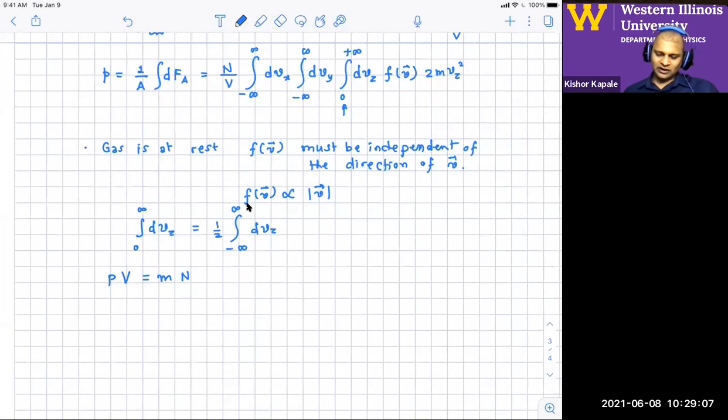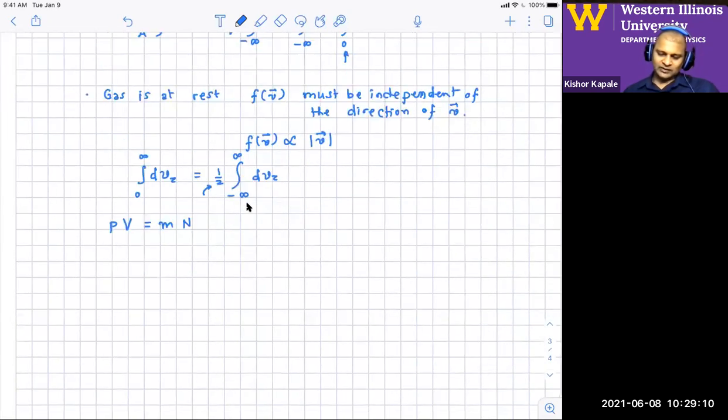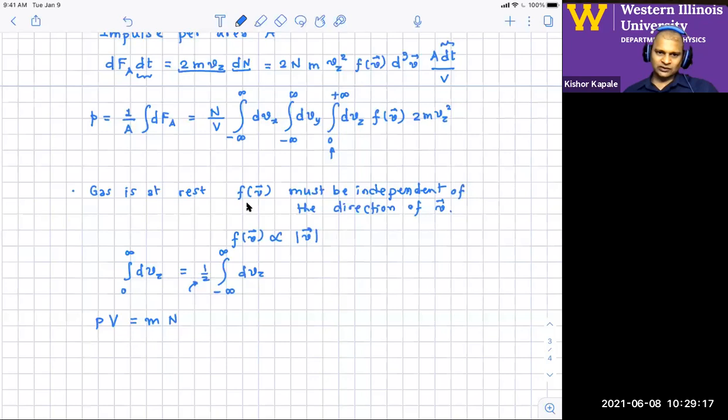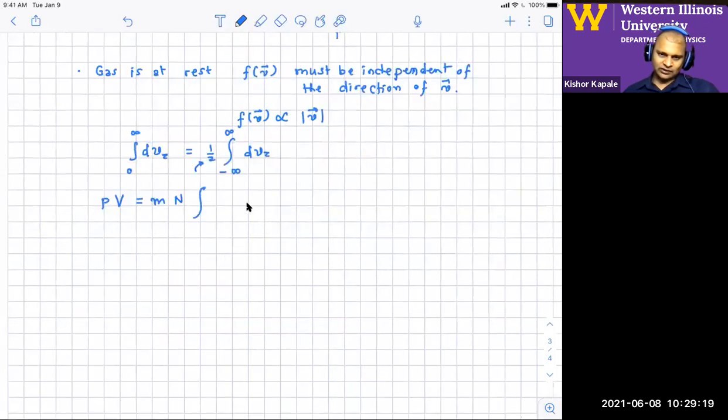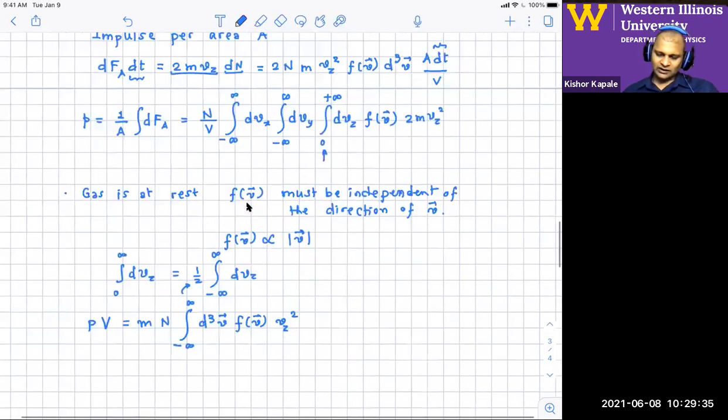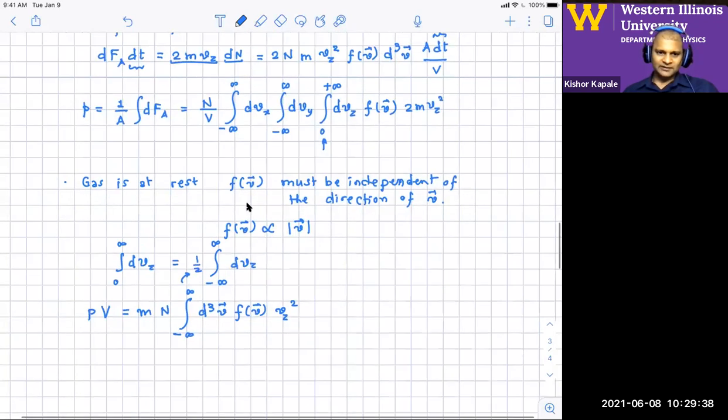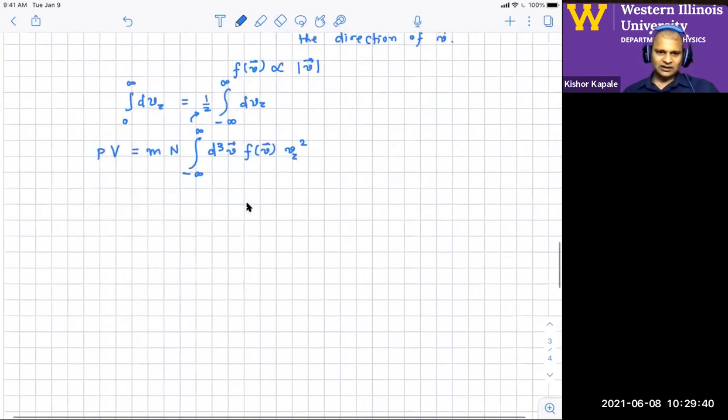The 2 is gone because of this half. So what I'm basically doing is making all of the 3 integrals from minus infinity to infinity, and the half cancels the 2 that we have there. Then we do the integral from negative infinity to infinity of d cube v f of v vz squared. Okay, everybody with me? So then the whole integral is vz squared, and we need to calculate this integral now.